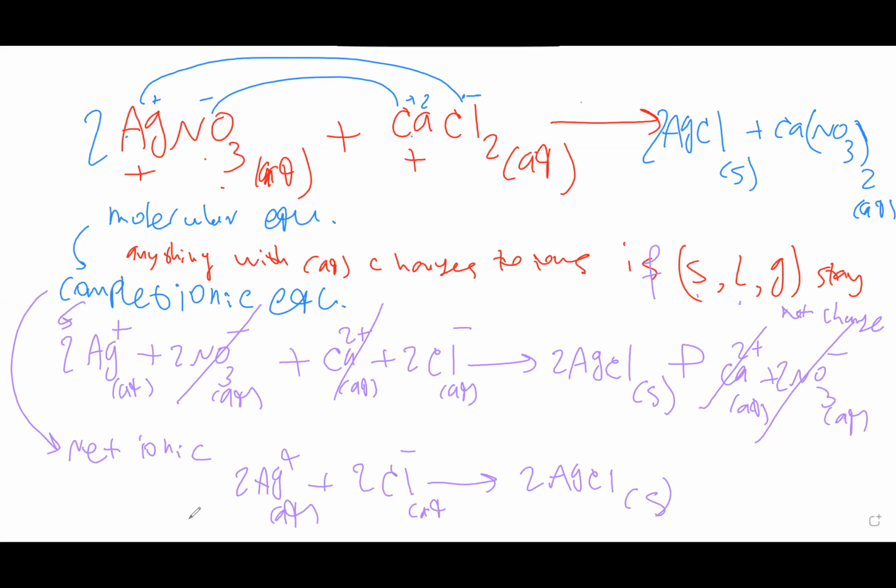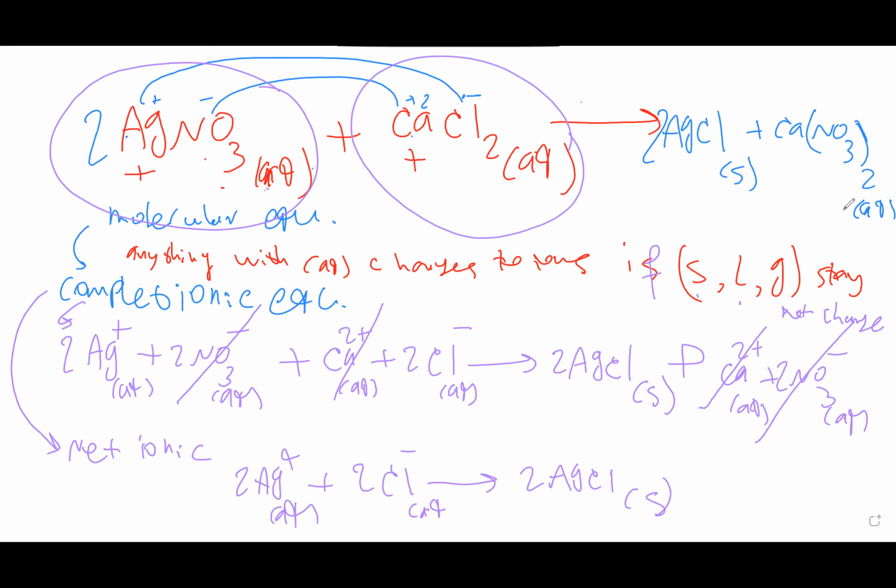And the net ionic equation comes from precipitation reactions or double displacement reactions. When you have two compounds that are soluble in water, you add them together, you predict the product. How do you predict the product? You would say exchange of cation, exchange of anion.